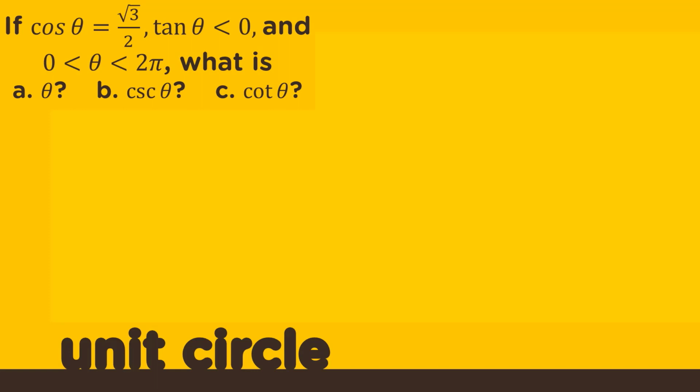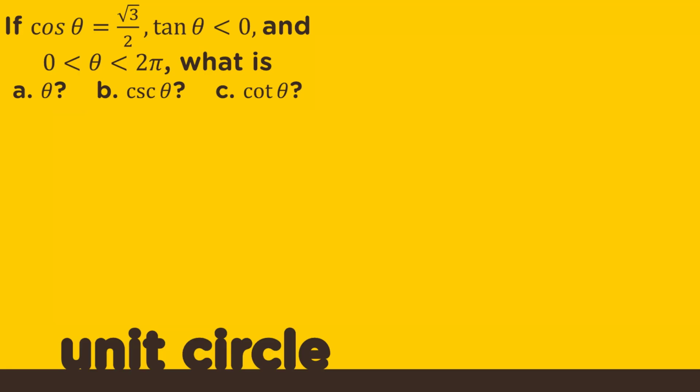To answer these questions, we need to consider the given conditions. The first one is that cosine theta is square root of 3 over 2, but tangent theta is less than 0, and that theta is just between one revolution on our unit circle. Let's consider this unit circle here. As mentioned, one revolution is 2 pi, and since it's positive, we're moving counterclockwise.